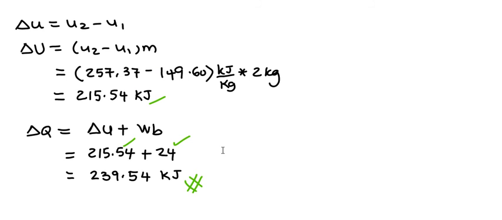So you have to do interpolation, because you know the value of the specific volume. You can do the interpolation to find U2. After the interpolation, your U2 would be 257.37.